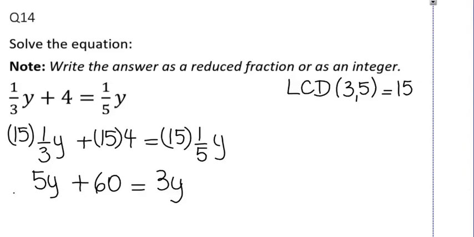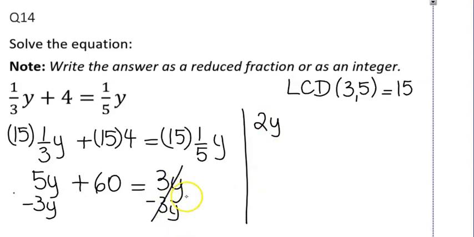Yeah, you can put the 60 there and bring the 3y here, right? So I'm going to bring the 3y first. Doesn't matter the order.